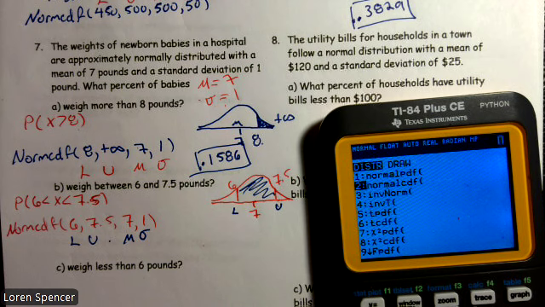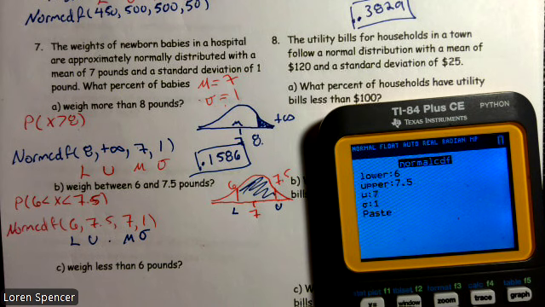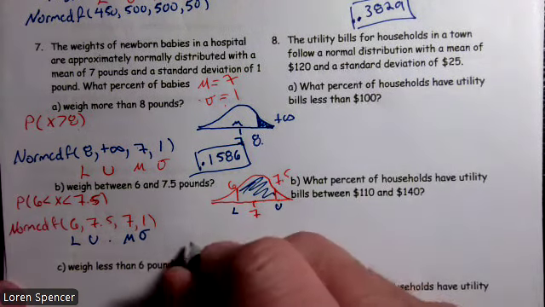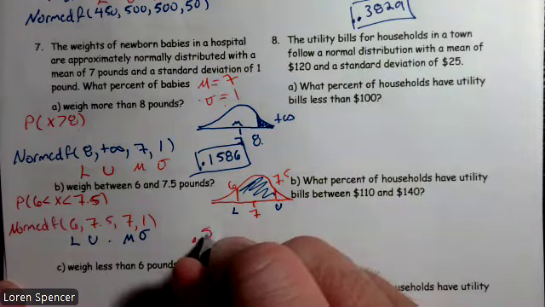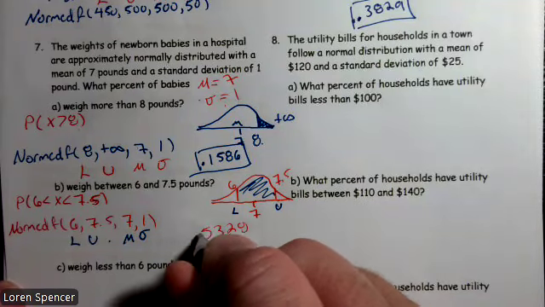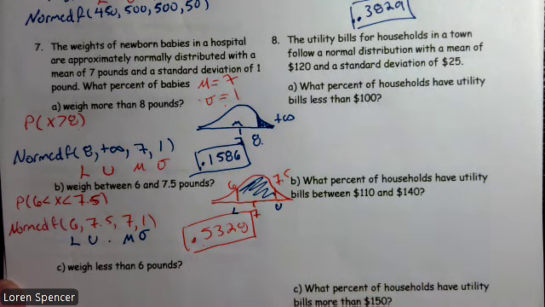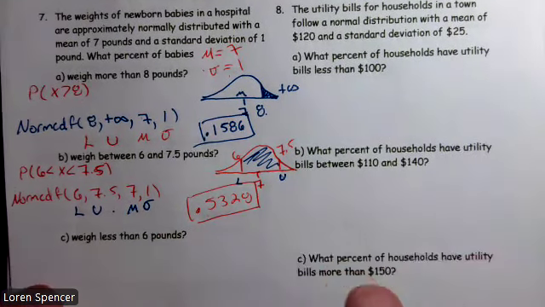Second VARS, normal CDF, lower bound 6, upper bound 7.5, mean of 7, standard deviation of 1. And we get 0.5328. So about 53%. And what's the probability that it weighs less than 6 pounds?